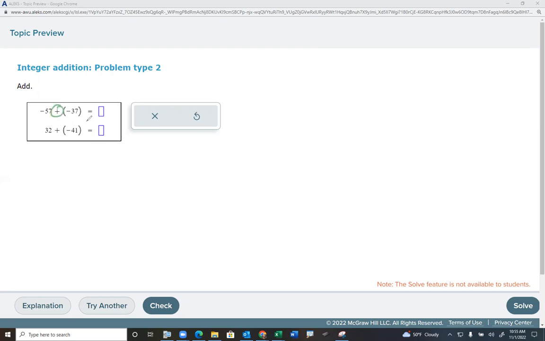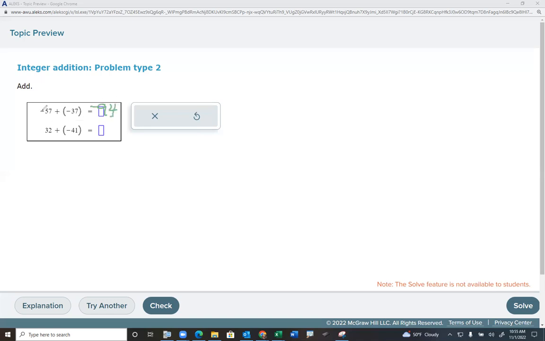If you are adding two numbers together, and they don't even have to be integers, that's besides the point, but if you're adding two numbers together and their signs are the same, the rule is you basically just add them together and say, all right, well, 57 plus 37 is 94, and you keep the sign.